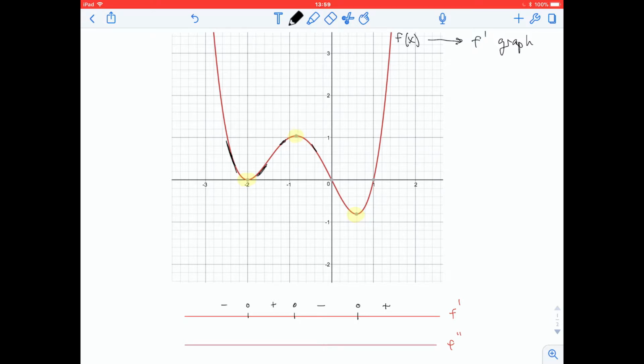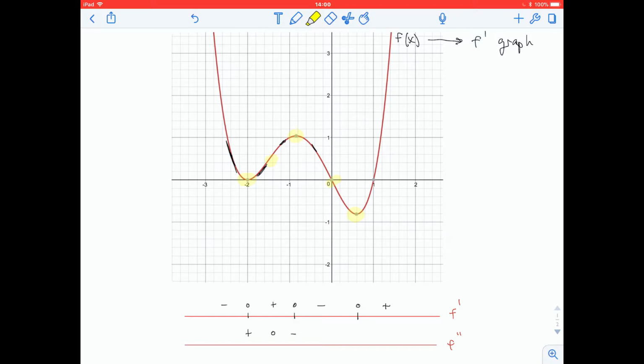So we can see that around the critical value of x equals -2, the function is concave up. But somewhere between -2 and -1, we have an inflection point because it then switches over to being concave down from, let's say, about -1.5 right here to possibly 0.